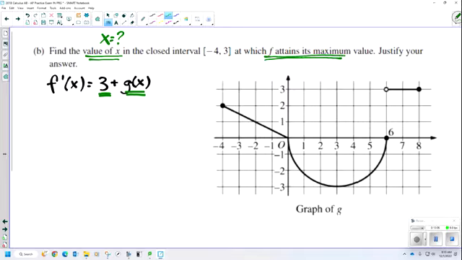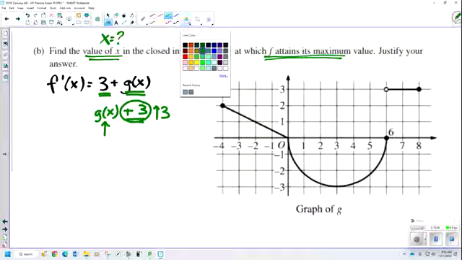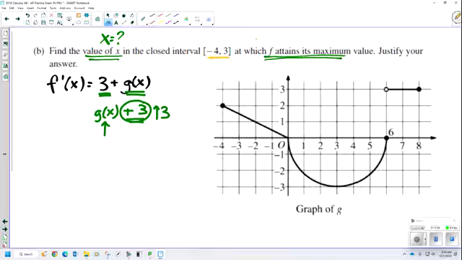If we know anything from Algebra 2, we know that when we add a number outside of a function, meaning if I have g of x and I add a number outside it, this just tells me that this graph is moving up 3 units everywhere. So watch what I'm going to do. We'll do this in orange. My interval is -4 to 3. So from -4 to 3, this part of the graph right here, I'm going to trace in red.